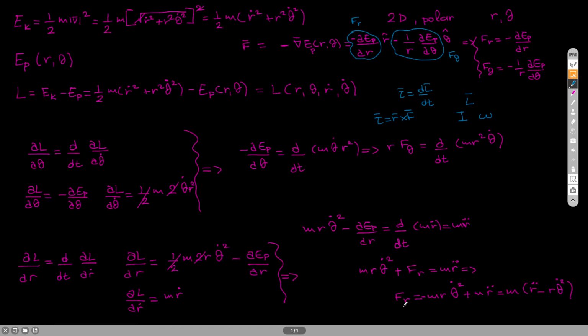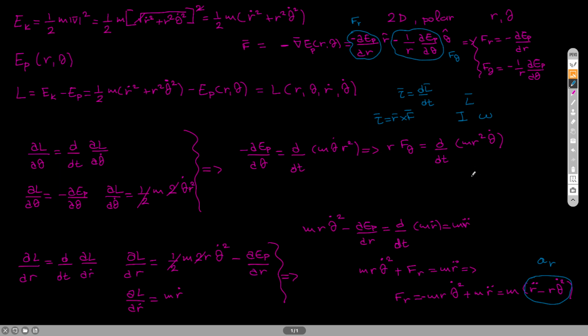Now here I have the force, the radial component of the force is equal to the mass times r double dot minus r theta dot squared, and I want to point out what this is: simply the radial component of the acceleration. So from here, essentially, qualitatively, conceptually, we have an application of Newton's second law with one component of the force on the left side and the acceleration on the right side.